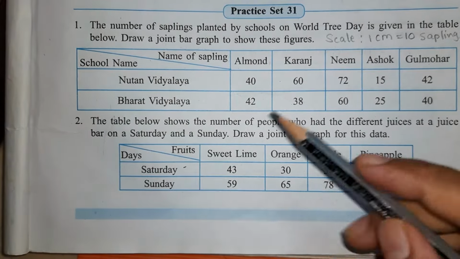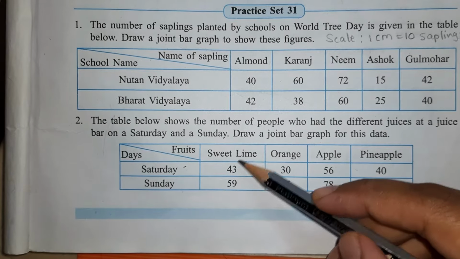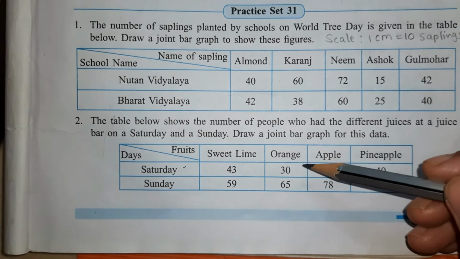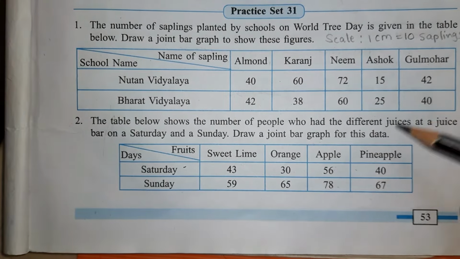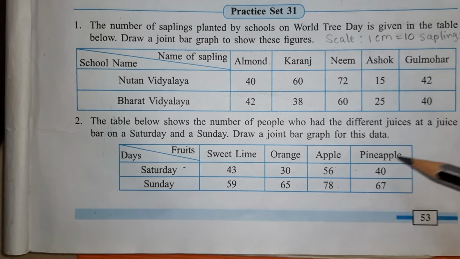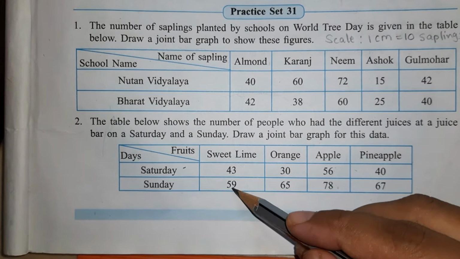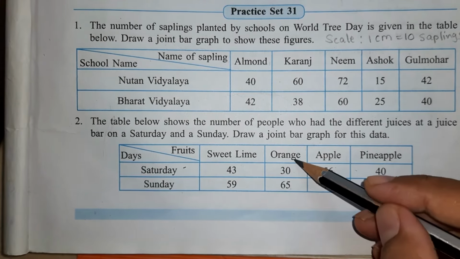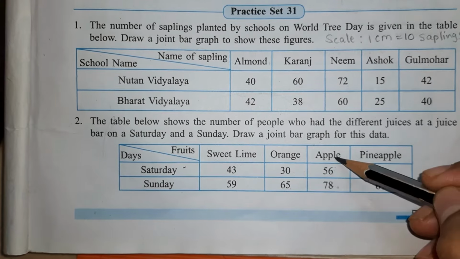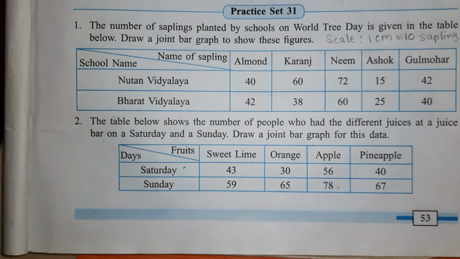So on Saturday, 43 people drank sweet lime, 30 people orange, 56 people apple juice, and 40 people pineapple juice. And on Sunday, 59 people sweet lime, 65 people orange, 78 people apple, and 67 pineapple.